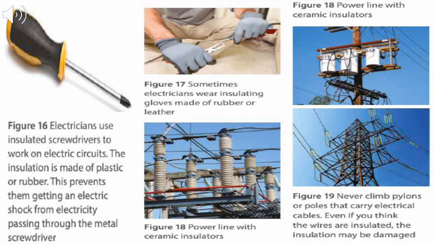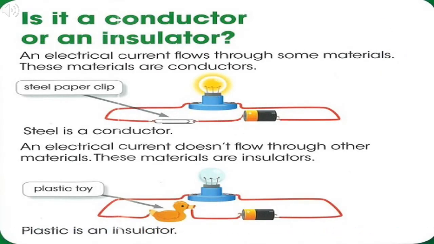Even if you think the wires are insulated, the insulation might be damaged, which could cause you to have an electrical shock. And remember, this would be dangerous to you and I. We are not electricians and we are not trained professionals, so we should not be going anywhere near pylons.